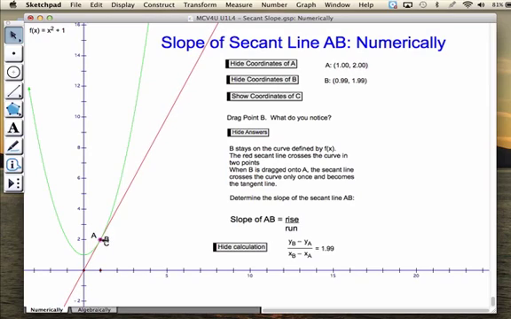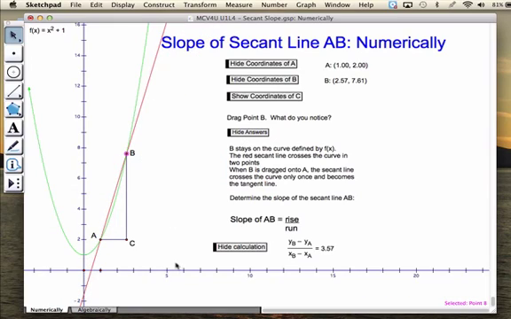And you can see when I'm really close on this side, it's 1.96, 1.98. On this side, it's 2.03, 2.02. So I'm pretty confident in saying that the slope of the tangent is going to be 2.